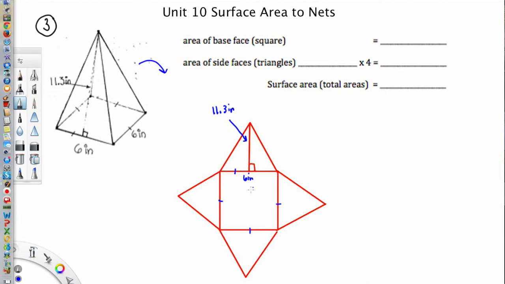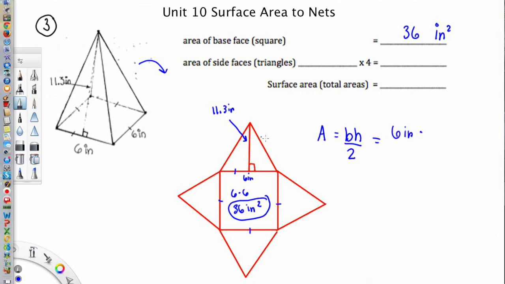We know that the square is 6 by 6, which would give us 36 inches squared. I'll put that right up there. And we only have one base, so we don't need to multiply that. That's 36 inches squared. And then we know that our triangle formula, area is equal to base times height. Please don't forget to divide by 2. That's the one step you guys forget way too often. But our base is 6 inches.